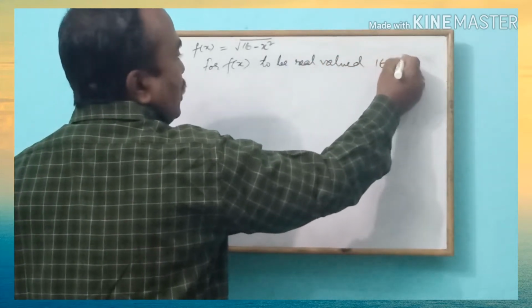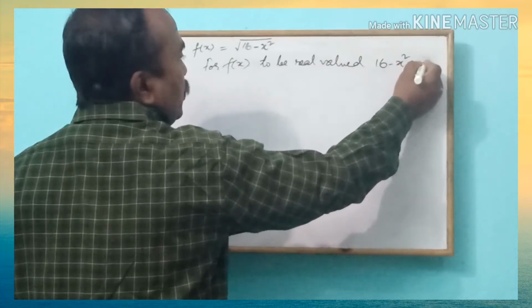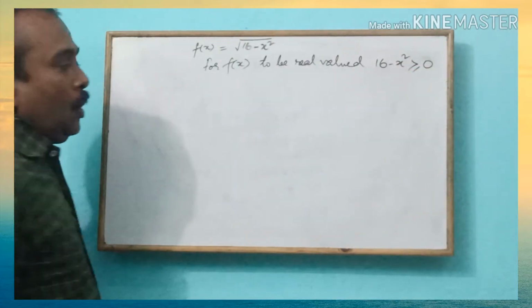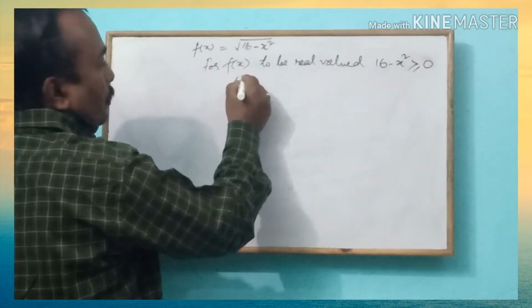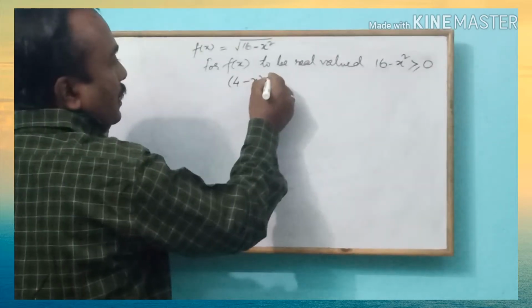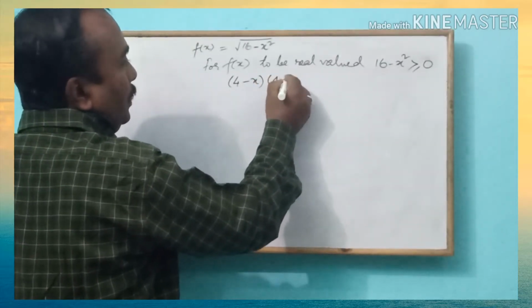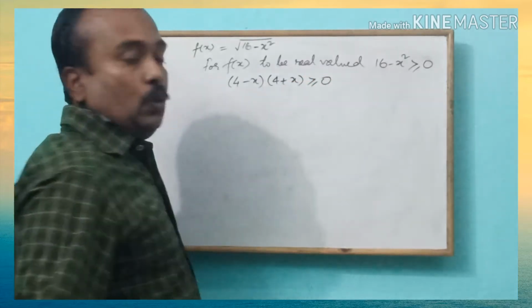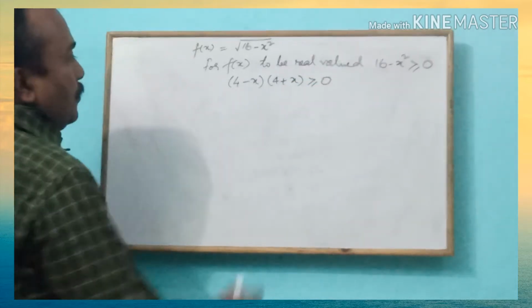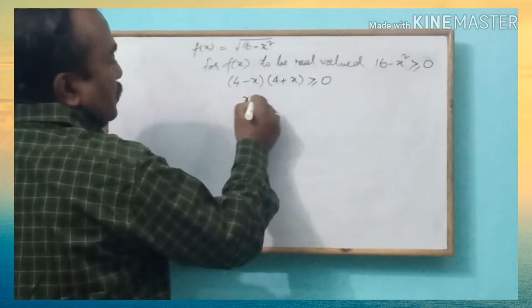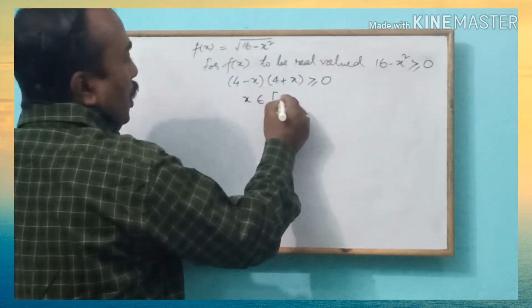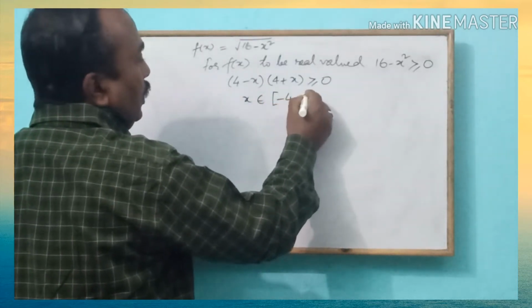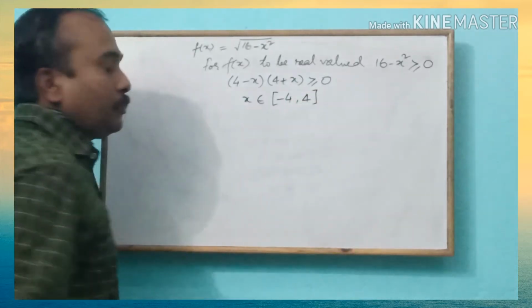16 minus x square should be greater than or equal to 0, or 4 minus x and 4 plus x should be greater than or equal to 0. Therefore, x belongs to minus 4 to plus 4.